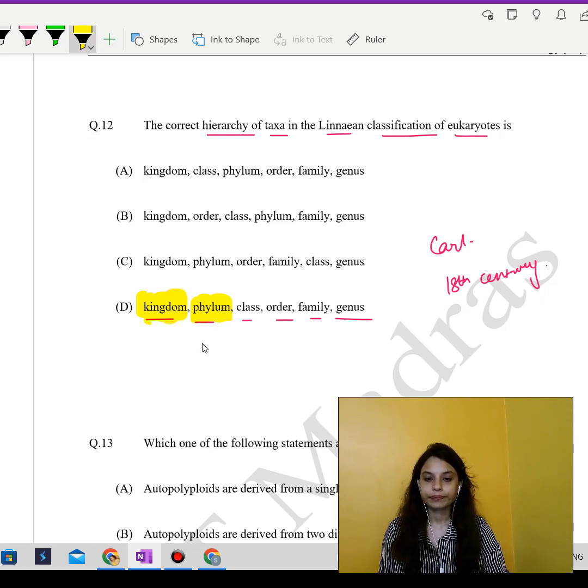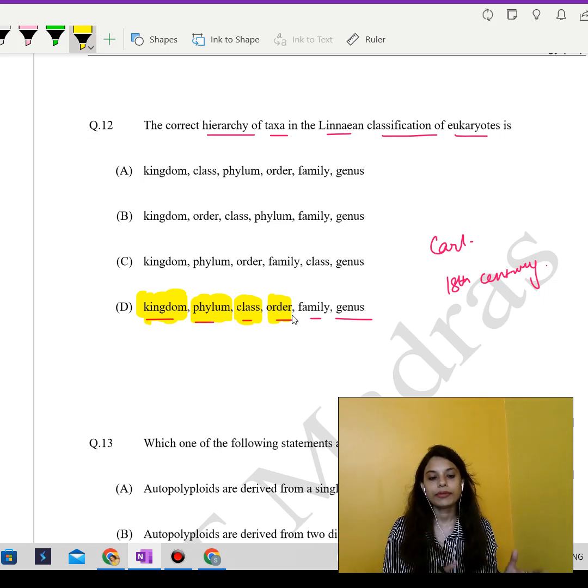Next comes the class. The class organizes the phyla based on further shared characteristics, like mammalia within the chordata. Next is order. It divides the classes into smaller groups with more nuanced similarities, for example primates within mammalia.